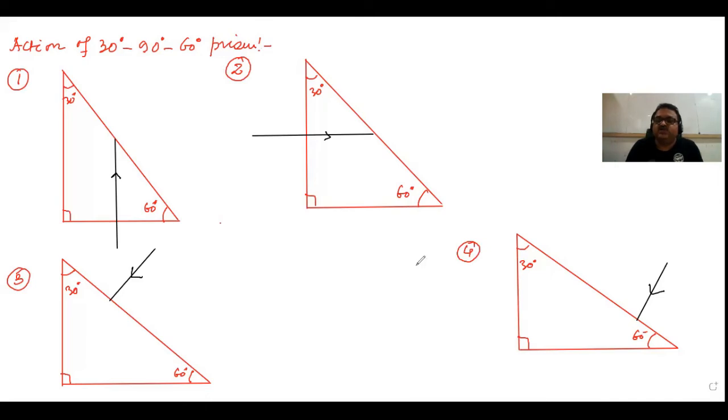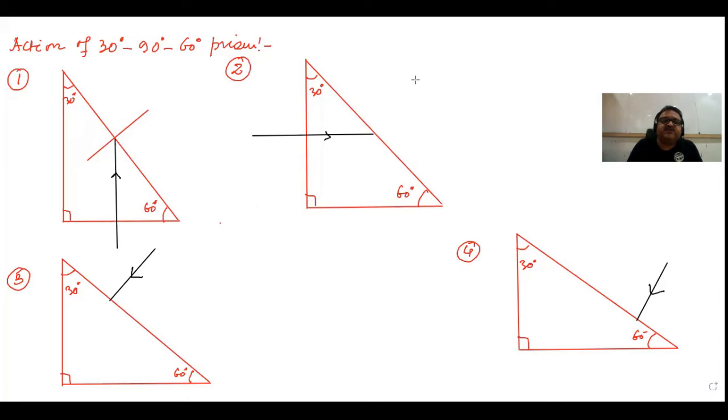So I told you this earlier also. In order to complete this ray diagram, first you require to draw a normal, which is very, very important, correct? Now let's start drawing the normal first. In the first case, this will be perpendicular to this surface.